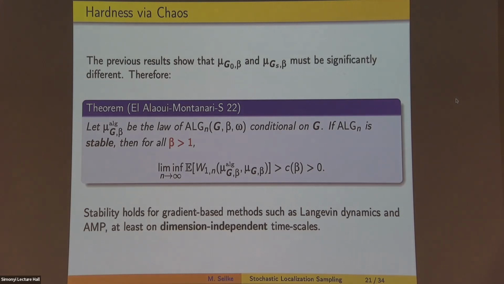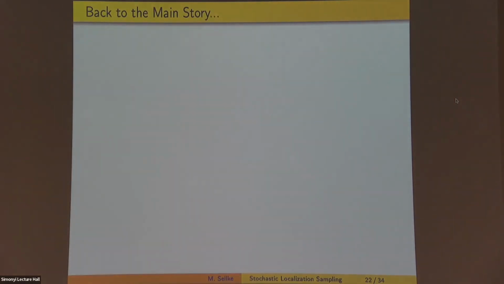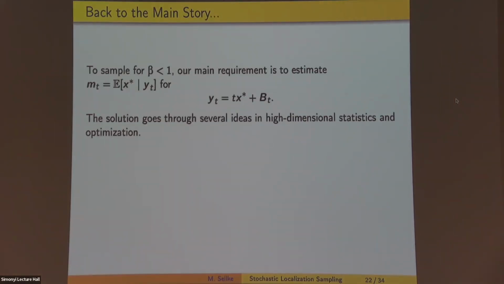Any questions about this part? Okay, so let me just say a bit about the algorithm. Again, basically I have this SDE, and what I'd like to do is repeatedly estimate conditional means of my unknown X star drawn from the SK measure under some side information YT.